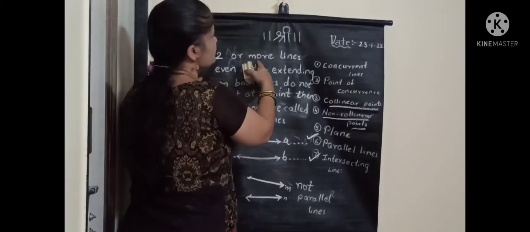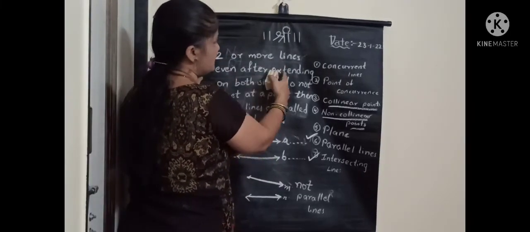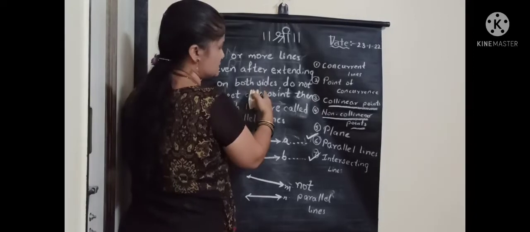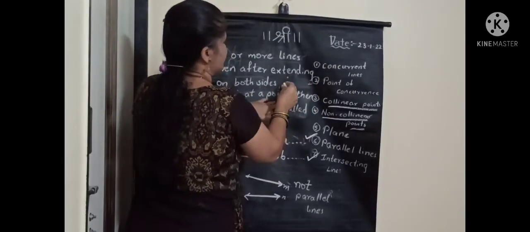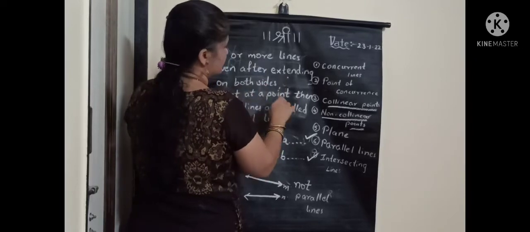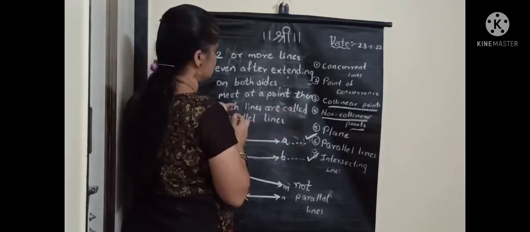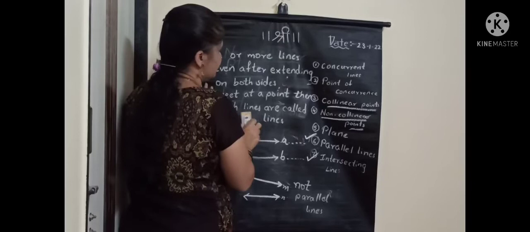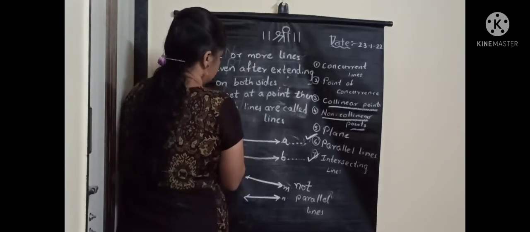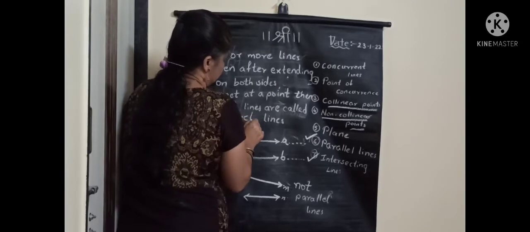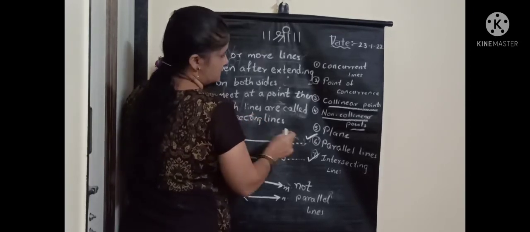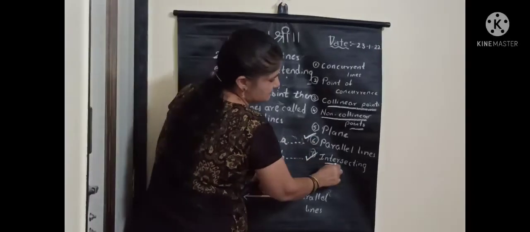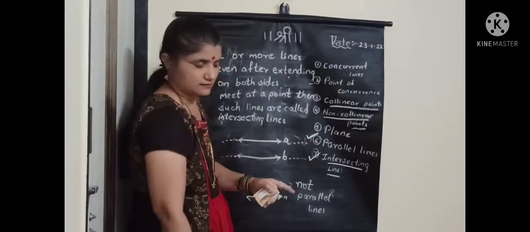Two or more lines, even after extending on both sides, if they meet at a point, are called intersecting lines.